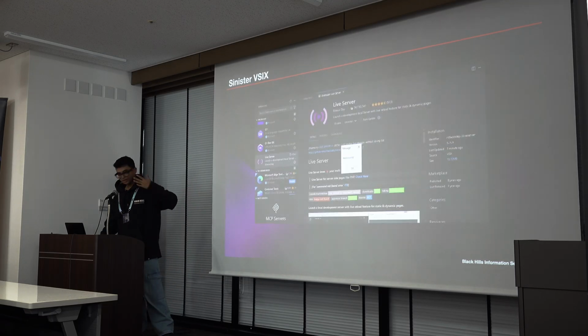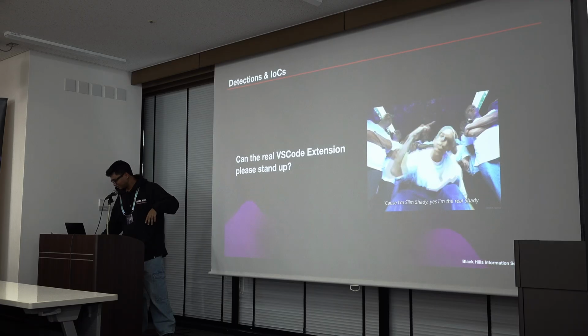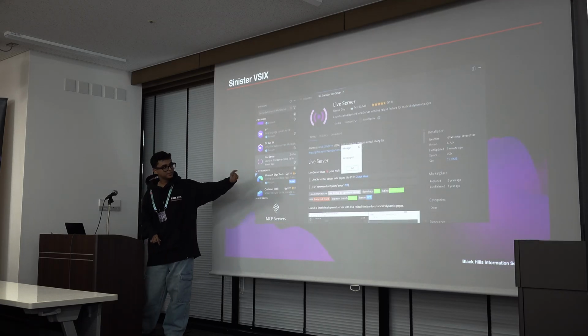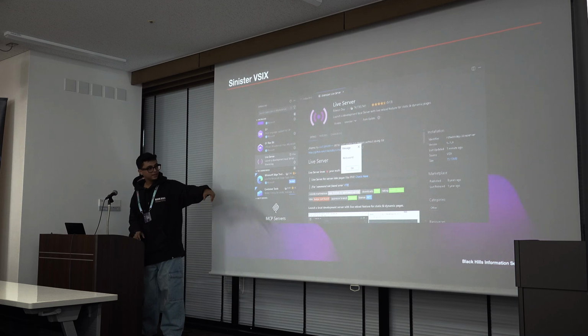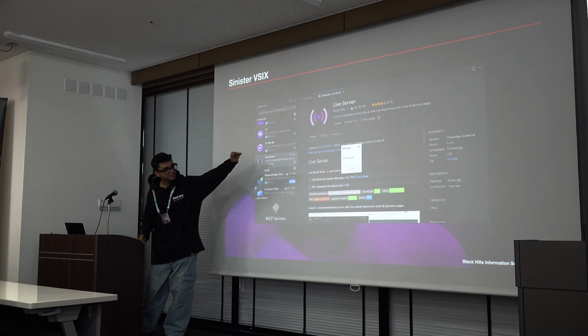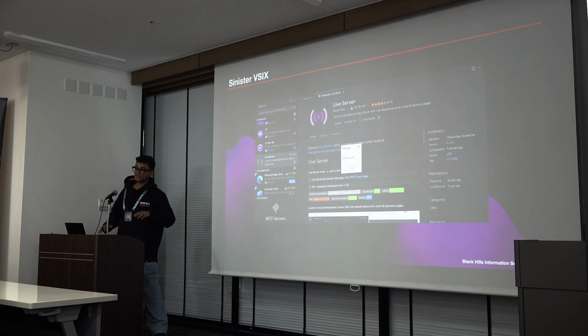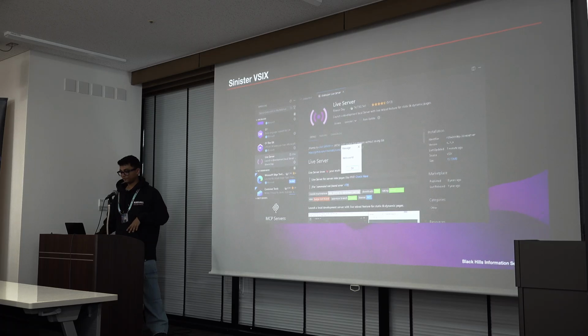So if we go back a bit, if we go to the Live Server, yeah, this is the one which we installed from the command line. And if you can see on the right side, under the installation tab, it says that the source is a VSIX file. So that is your primary indicator that, hey, this extension seems like it has been tampered with, it has been dropped from the floor.